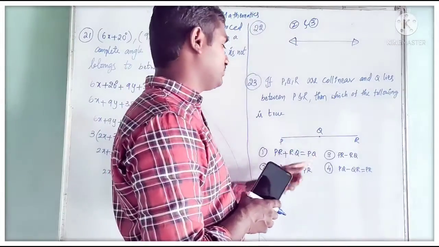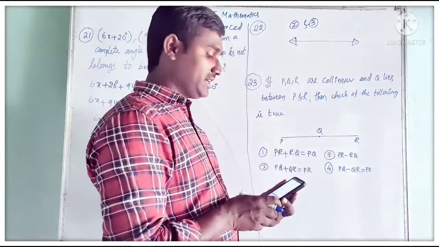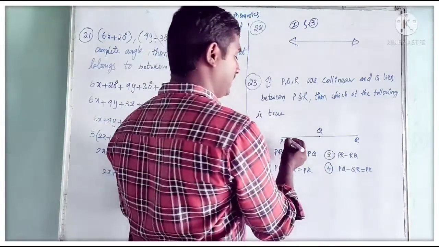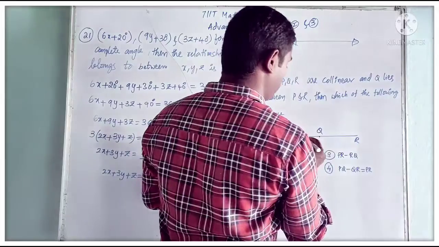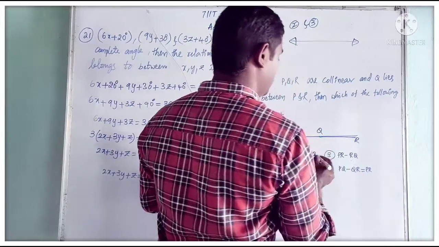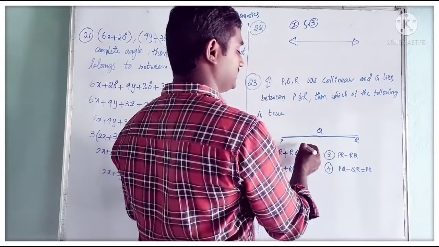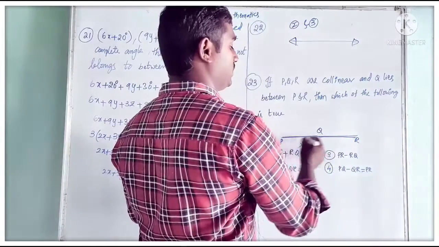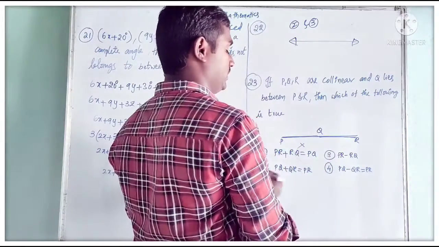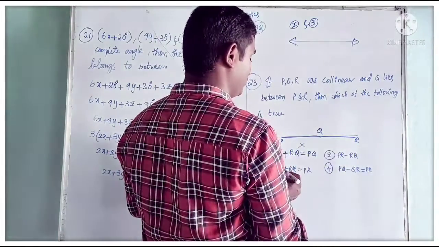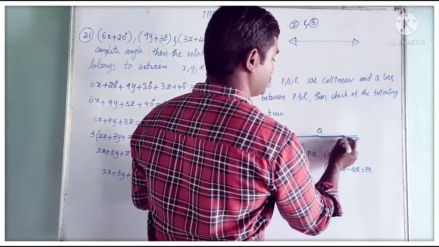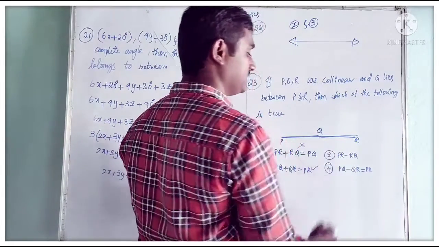Now we need to check which of the following options are correct. See, PR plus RQ equal to PQ, they are saying. So it is a wrong answer. PR plus QR is not equal to PQ. And the second option, PQ plus QR equal to PR. Yes, the second option is correct.